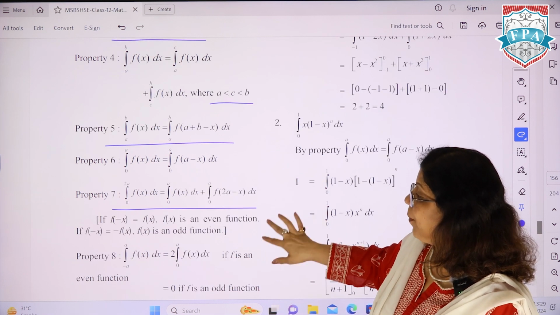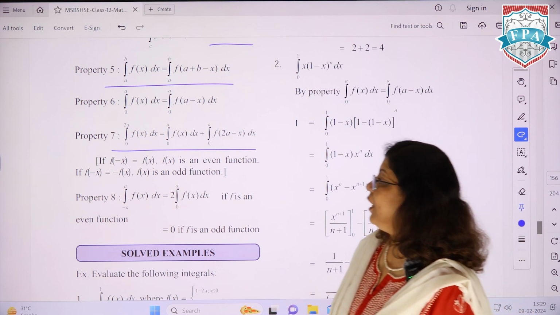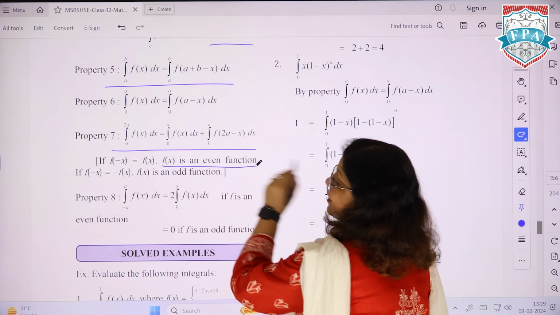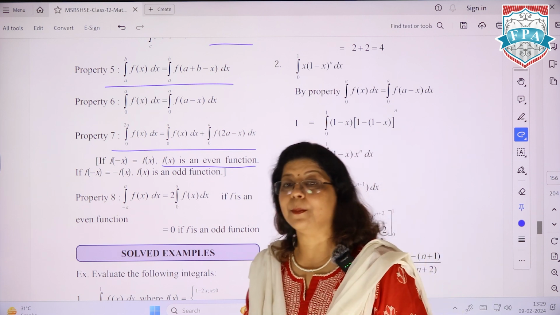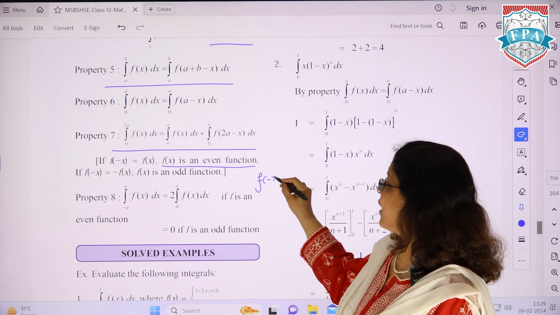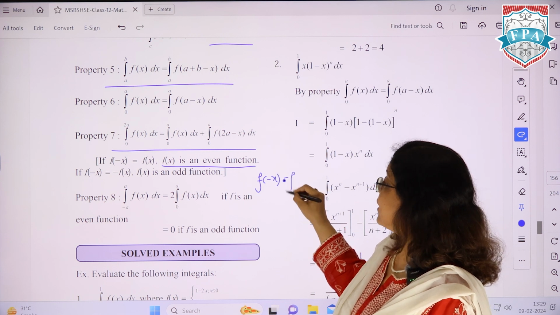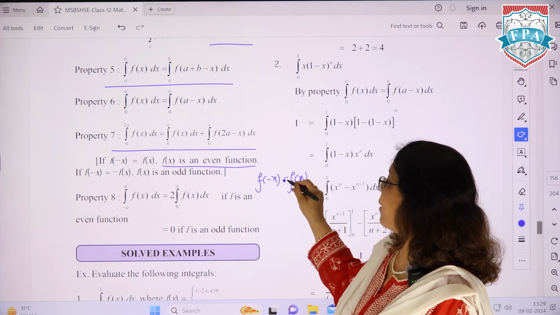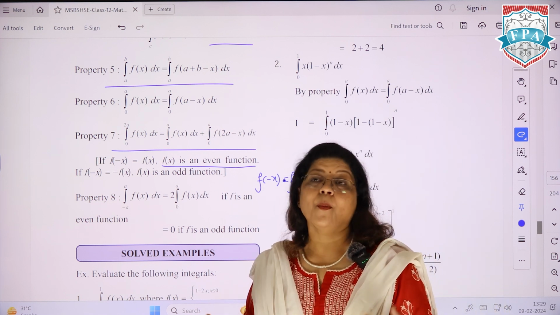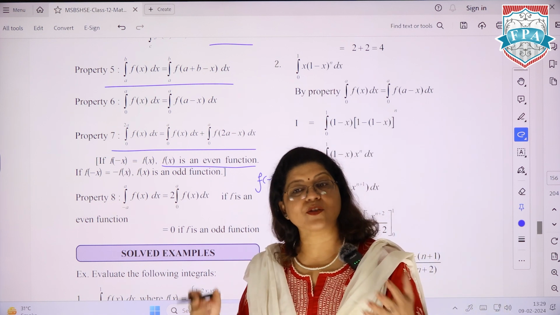The last property is dealing with a thing known as even function and odd function. Now if fx is an even function, means that once we write f of minus x, this is equal to f of x. Like let's say example of x square. तो minus x का whole square भी x square ही होगा.